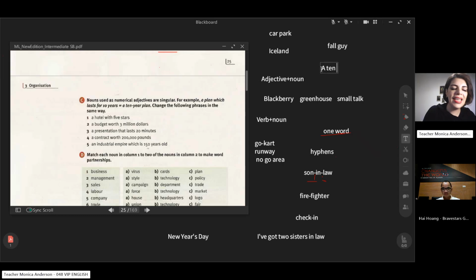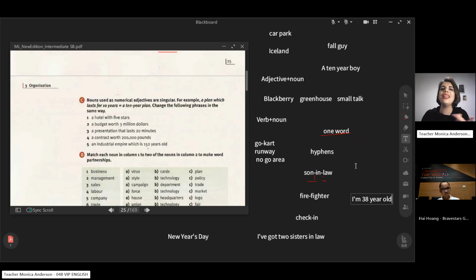A 10-year boy. Here, we should say 10 years. Or for example, I say 38-year-old. We should say years old, but here year is used as an adjective.